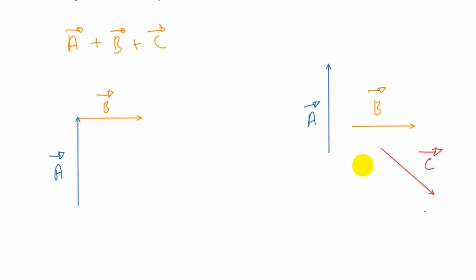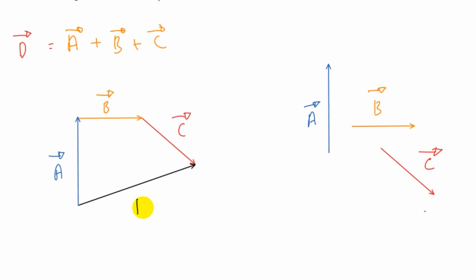Next we have this vector C. Same procedure. I'm just taking it here, copy and then paste. Now this is our vector C. I've placed the tail of vector C at the head of vector B. Now to find the resultant, let this resultant be the vector D. To find vector D, we have to join the tail of vector A, that is the tail of the first vector, to the head of the last vector, which in this case is vector C. So let's join.